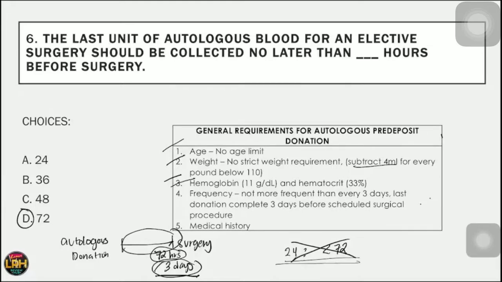Frequency of donation should not be more frequent than every 3 days. And the last donation should be completed at least 3 days, or 72 hours, before the scheduled surgical procedure. For medical history, the donor should have no signs or symptoms of active infection. So a good medical history is also a requirement.